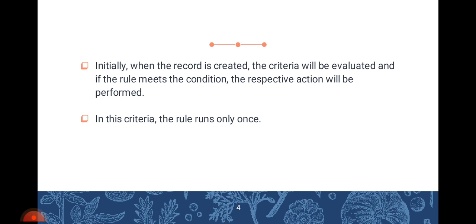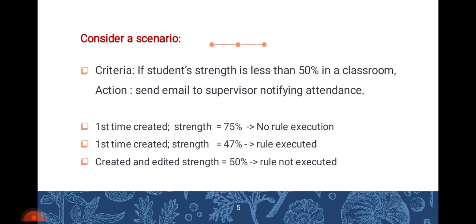Let's understand this deeply with the help of a scenario. Let's say there is a rule that if the student's strength is less than 50% in a classroom, an email should be automatically triggered to the school supervisor notifying the student's attendance. According to this criteria, the first time when the record is created with strength equal to 75%, no rule will be executed.